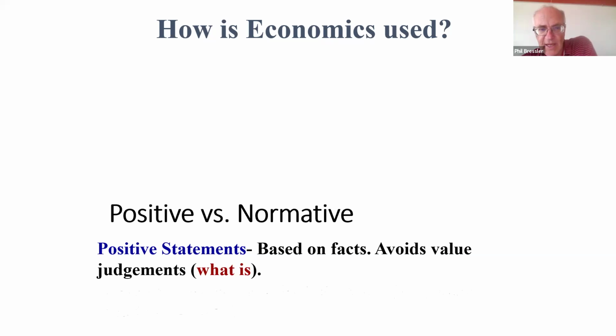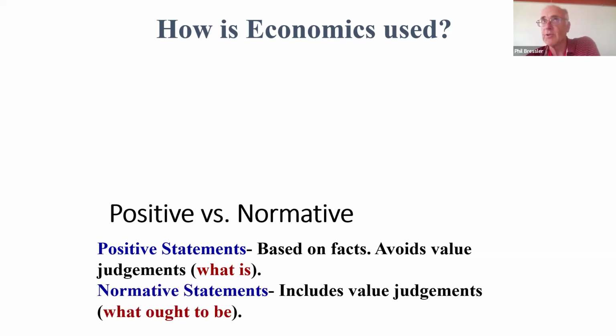The normative statement, which is more the value judgment, would be unemployment's at 6% due to President Biden's economic policy. The economic policy of President Biden causing the 6% unemployment, that could be argued. The 6% unemployment is a fact. So again, inflation is 4%. That's a fact.